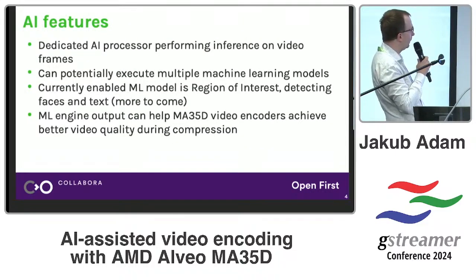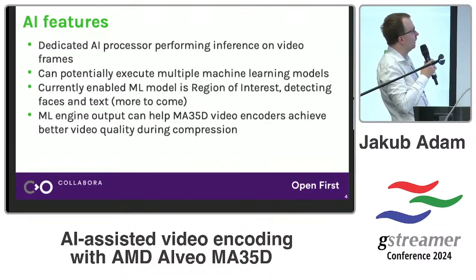So the card also features a dedicated AI processor that can perform inference on the video frames. It can potentially execute multiple different machine learning models. In the current preview, there is one model, a region of interest model, that is able to detect faces and text in the video frames.